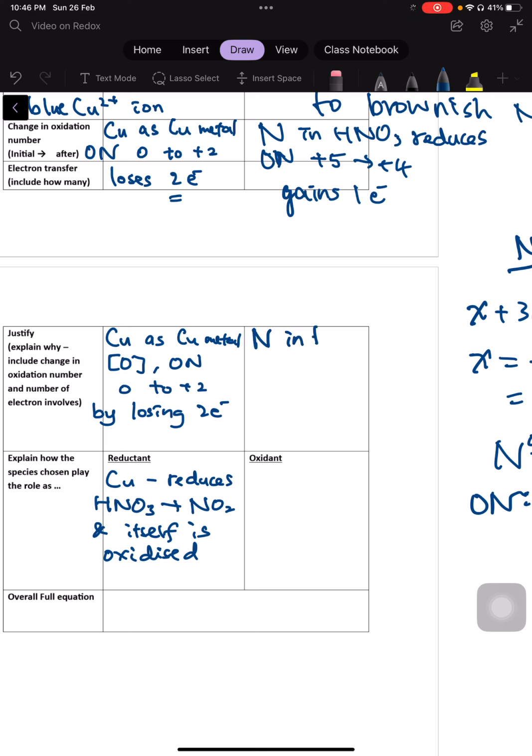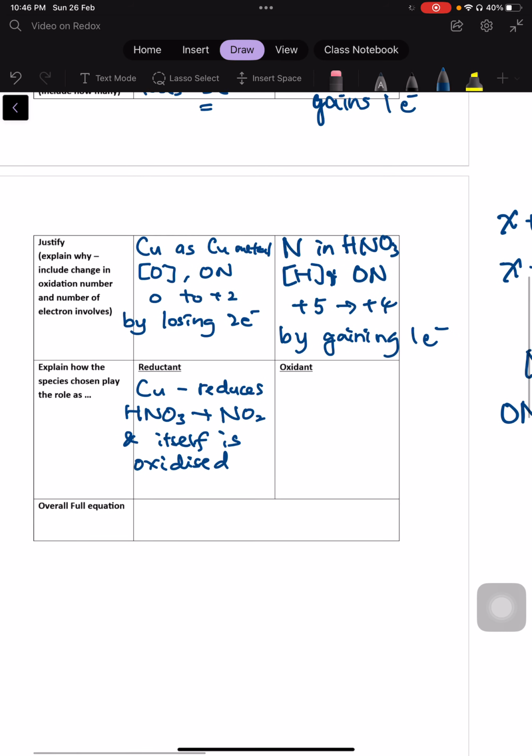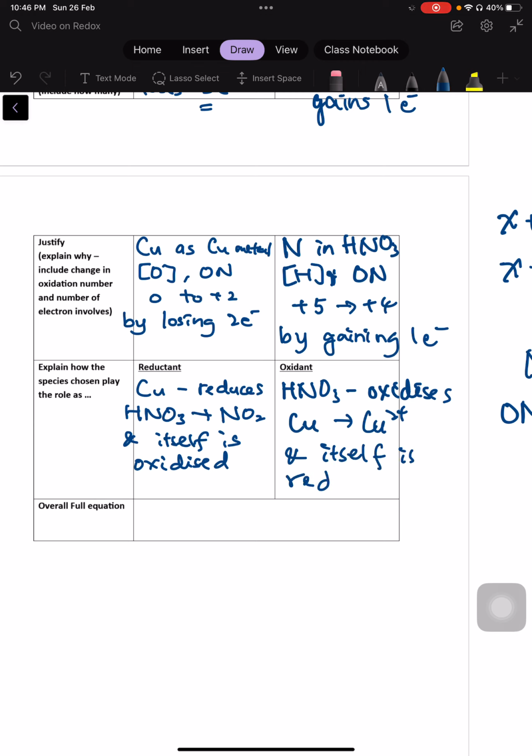So it's nitrogen in nitric acid undergoing reduction because the oxidation number reduces from +5 to +4 by gaining 1 electron. And you need to emphasize why nitric acid is an oxidant, because it oxidizes copper to copper 2 plus, and itself is reduced.